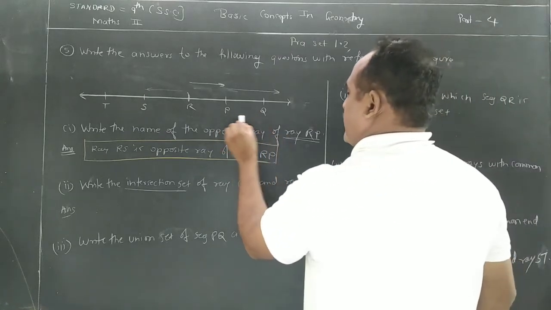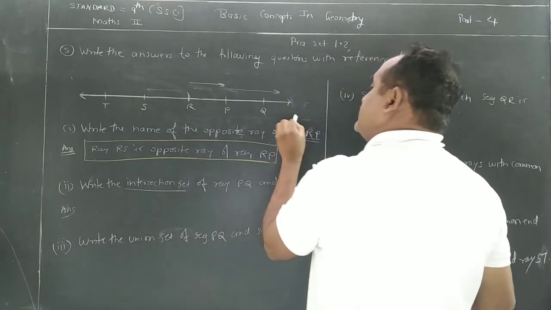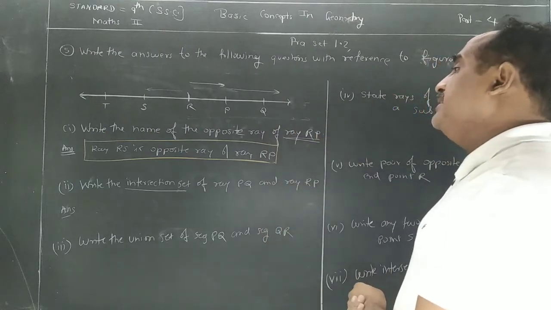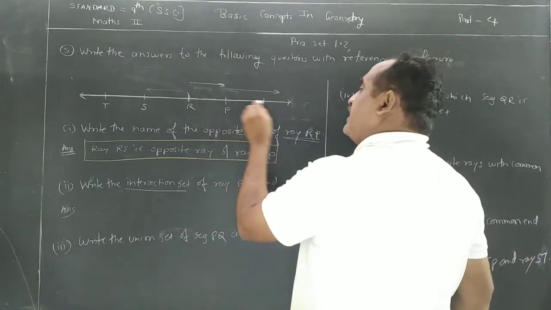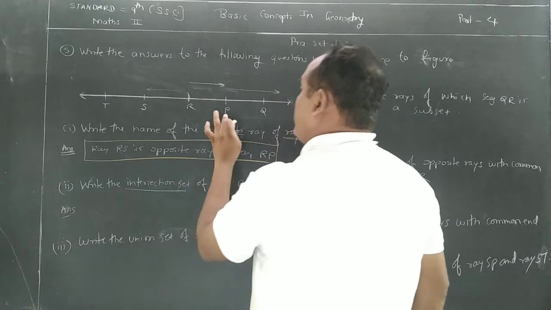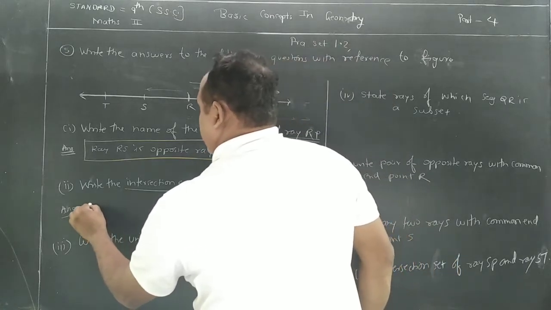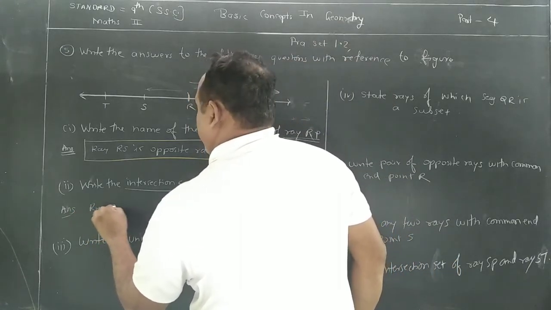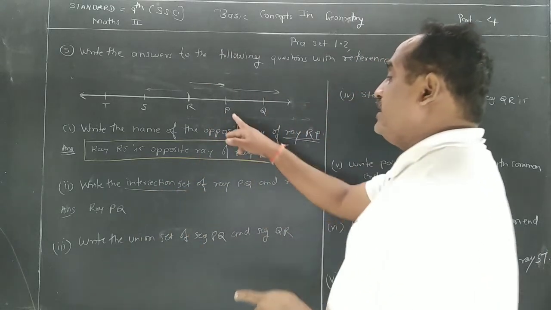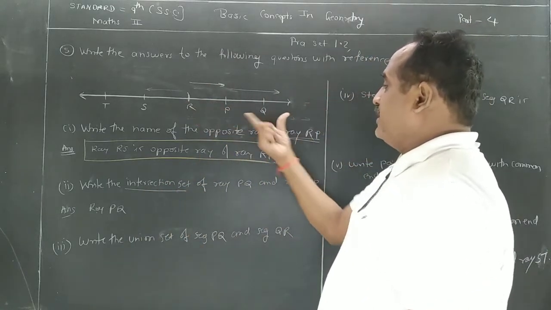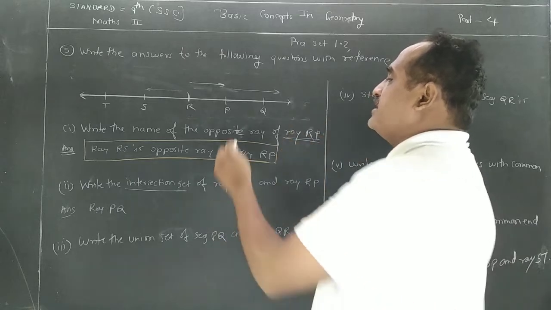PQ is going in this way, RQ is going in this way. What is the common thing between them? The common thing is this only. What is that? Ray PQ. Once again, see, this is a subset of it, meaning this is what will be common in both. What is that ray?